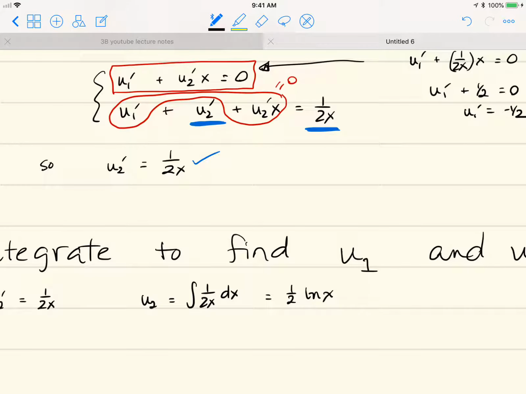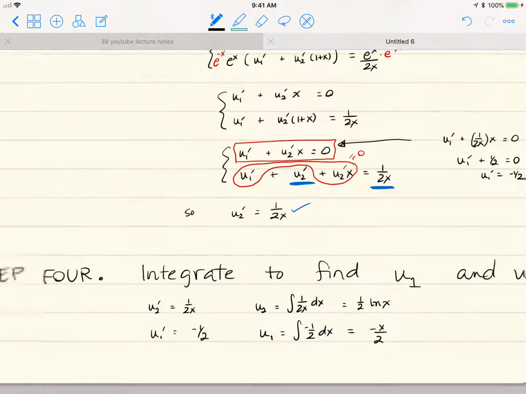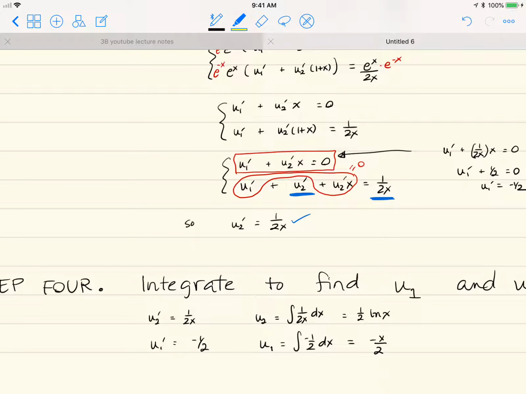And u1 prime is equal to negative 1/2. So u1 is equal to the integral of negative 1/2 dx. So that's going to be negative x over 2. So I've got that.